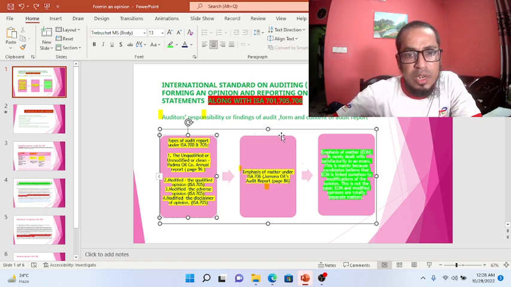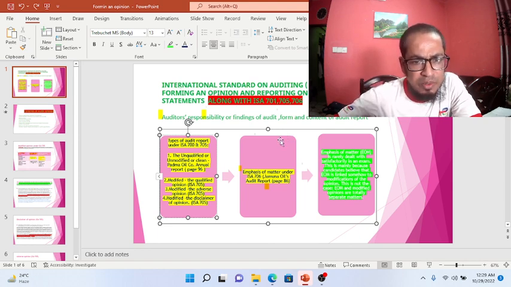ISA 701 is key audit matters of the current year, significant matters. 705 is modification, audit qualification. 706 is emphasis of matter paragraph.